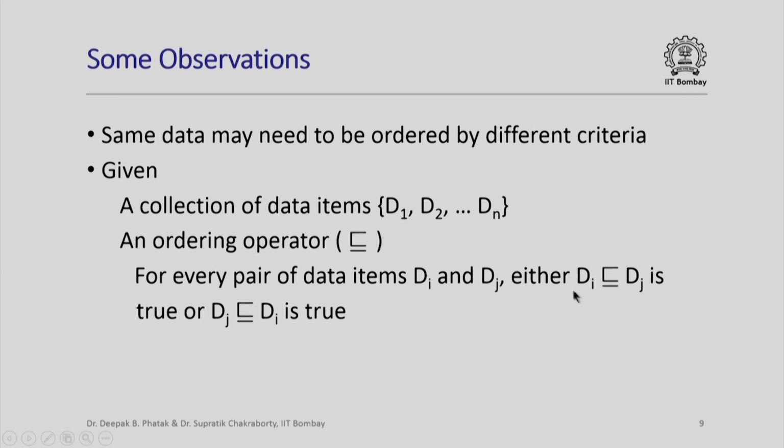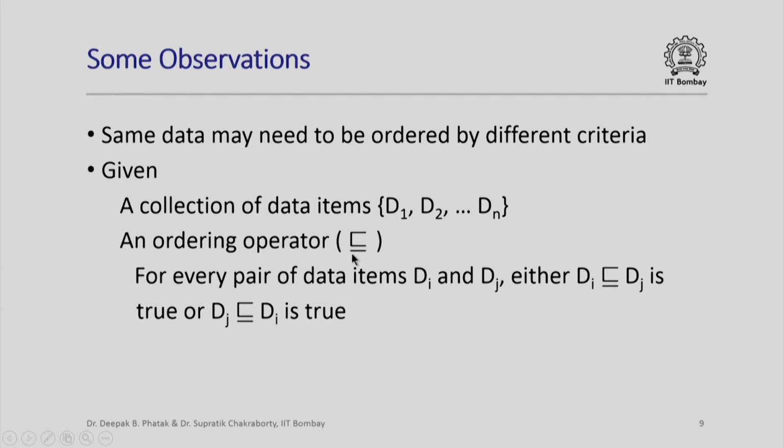So this is also called a total ordering, and what we are saying is that given a collection of data items and given an ordering operator which actually gives for every pair of data items which is ordered before what, we are now required to rank or sort these data items according to this order.